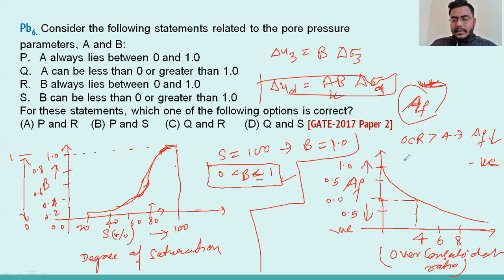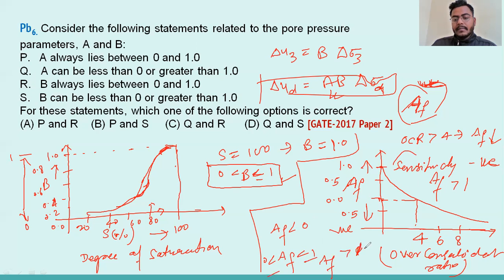And for the sensitive clay, AF can be greater than 1. So we can say AF can be negative, AF can be between 0 to 1, it can be greater than 1. Now we can check the options.